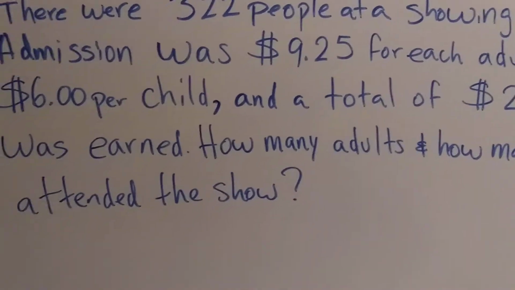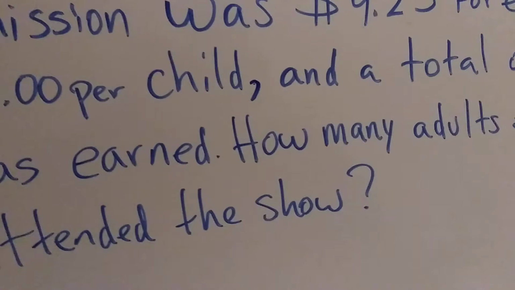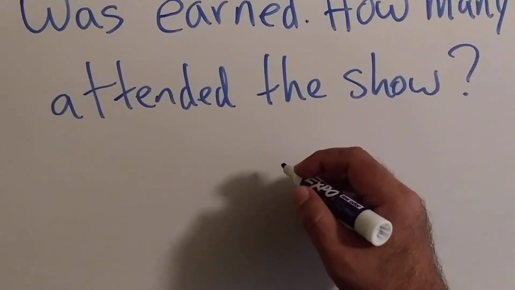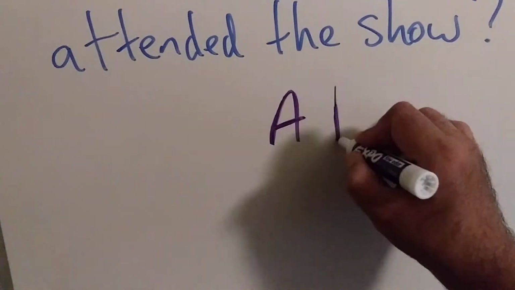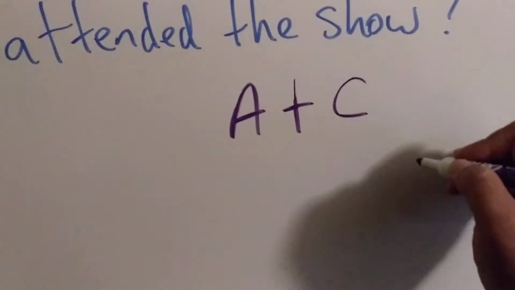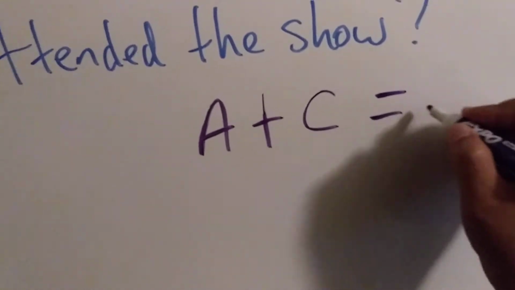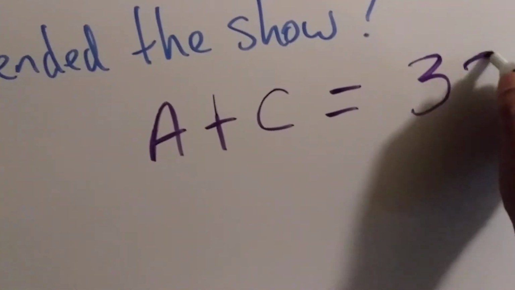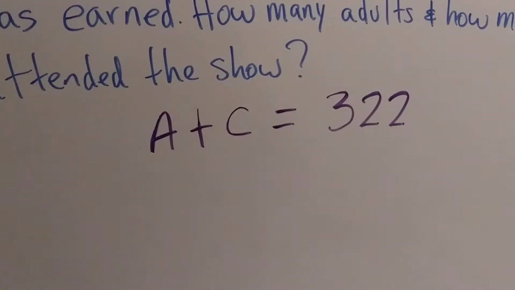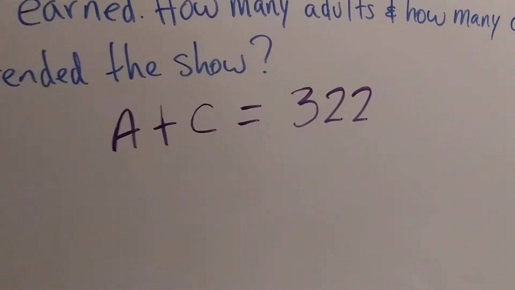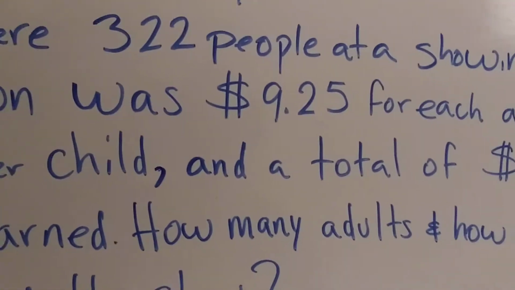To look at the quantity, let's look at how many. We know that there was a total of, we'll say, adults plus children equals 322. Now, for the second equation, we're going to apply the monetary values.